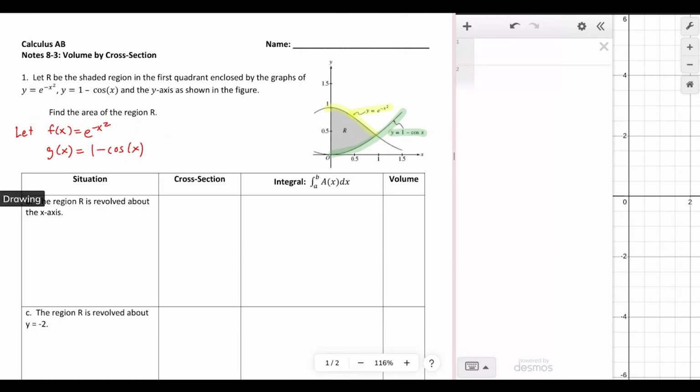So the area will equal the integral from 0 to some number. We'll have to find out what that point of intersection is. It's not actually exactly 1. We'll come back to that. Of f of x minus g of x dx.